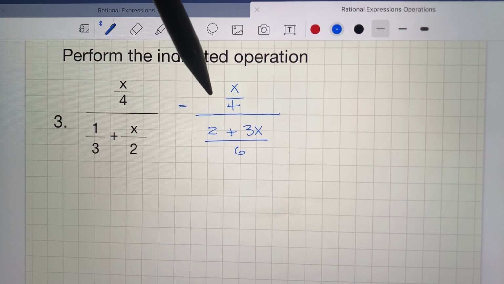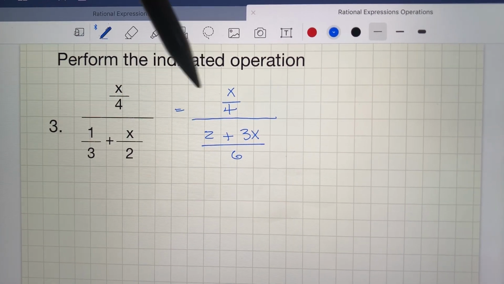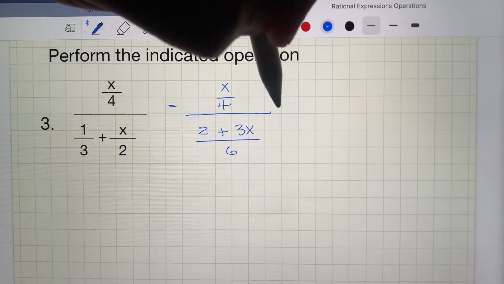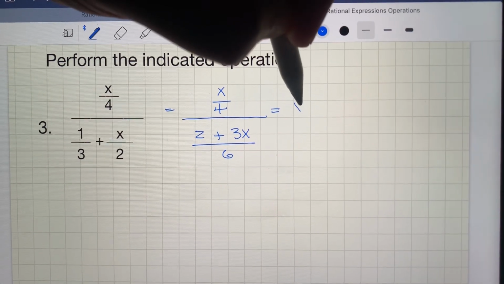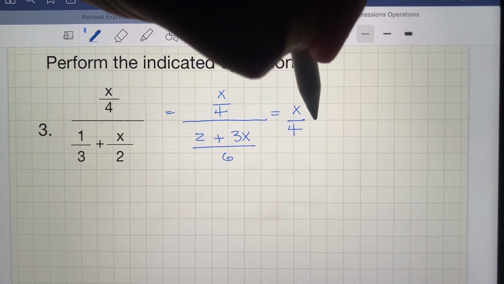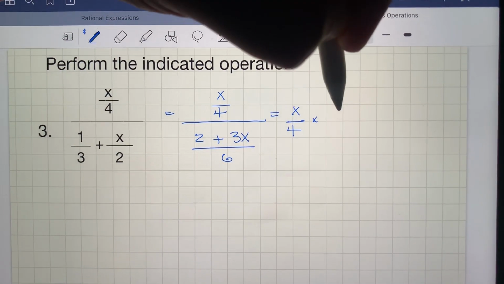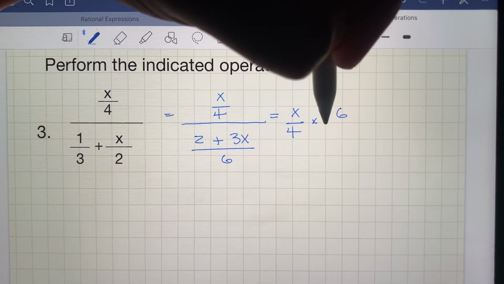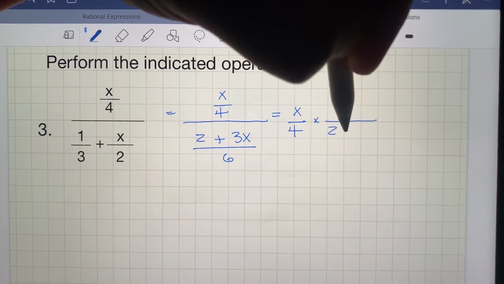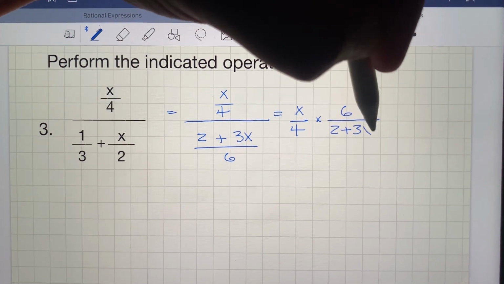But from here, I know that when I divide fractions, that's the same as multiplying. So I can say x over 4 times 6 over 2 plus 3x.